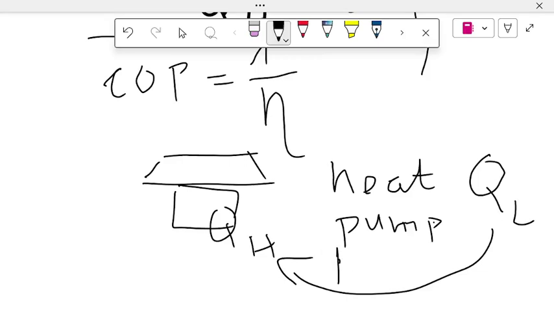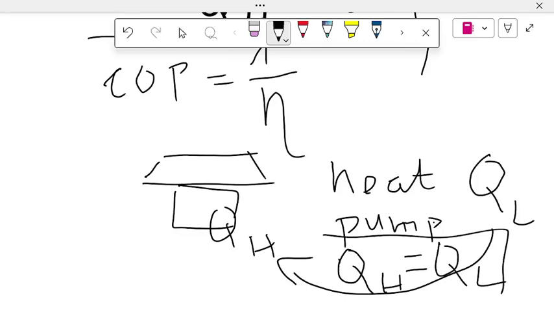So the heat high is equal to heat low, the same amount of heat.